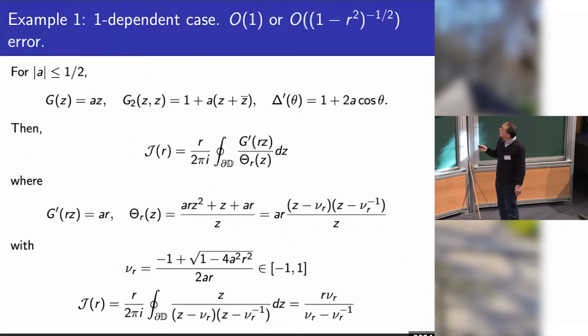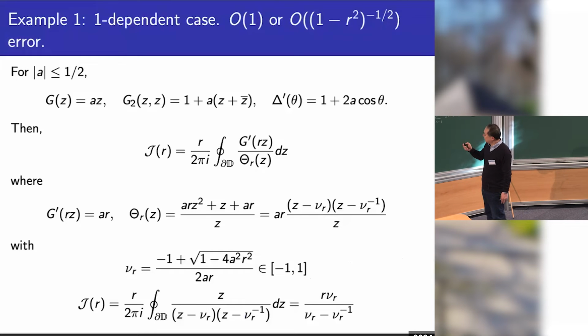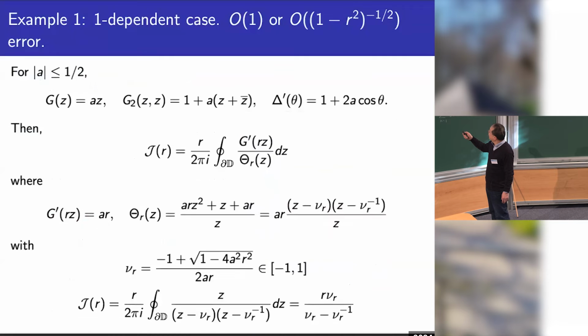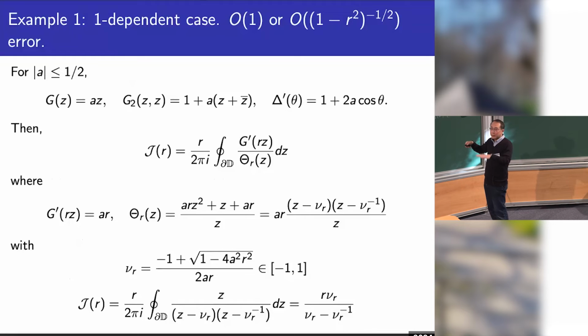But for the one dependent case, you have a different situation. Here you have this theta function, which is something like this. So you have two zeros. One is inside the disk, and one is outside the disk.